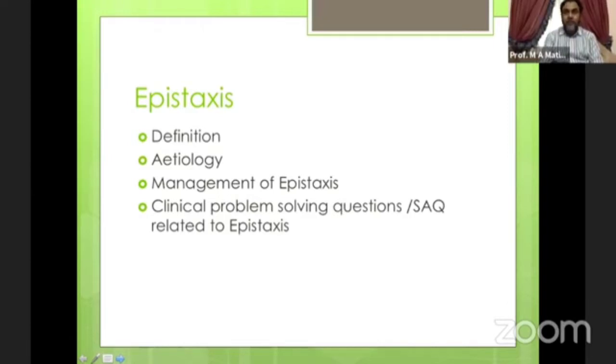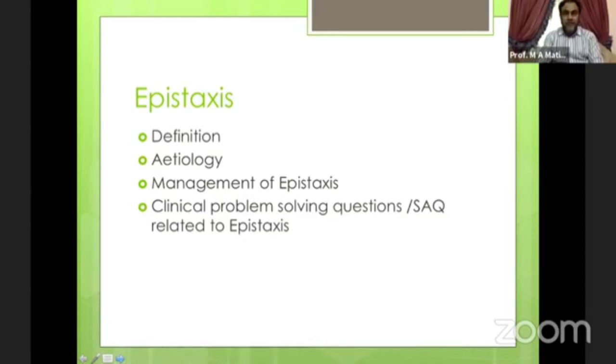We put one problem-solving question linked with epistaxis, so you have to answer that. The whole discussion will be very much exam-oriented, not a theoretical discussion that much. I love just talking about the important parts of the examination. So it's not extensive, not that much difficult. Very simple way, okay?